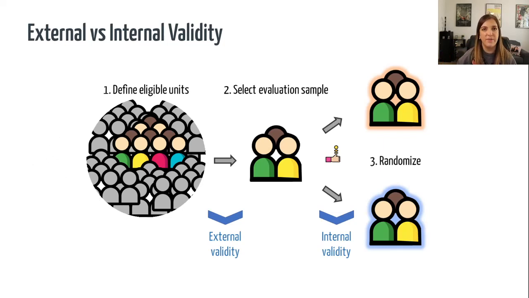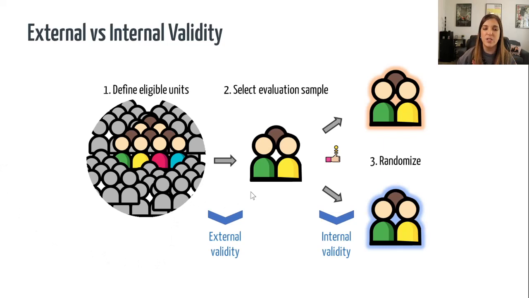So for instance, if you're doing a randomized control trial just in the US, your eligible units will be just people that are in the United States. If you're doing it just in a city, or just for females, or just for children, things like that, that would be your eligible units, right? And this is most likely the population that you want to generalize your results towards.